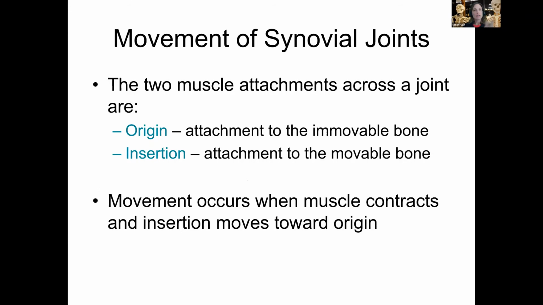So now that we know about synovial joints and what they look like in their parts and pieces, let's walk through the movement of synovial joints. One thing that we'll talk more about, especially as we get into chapter 10, are these terms right here, the origin and the insertion.